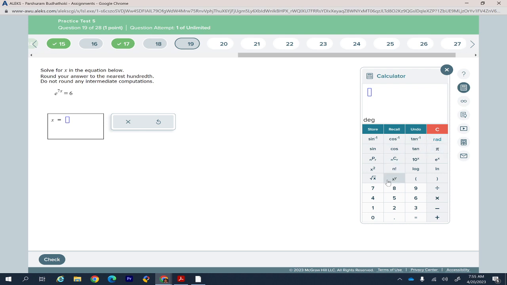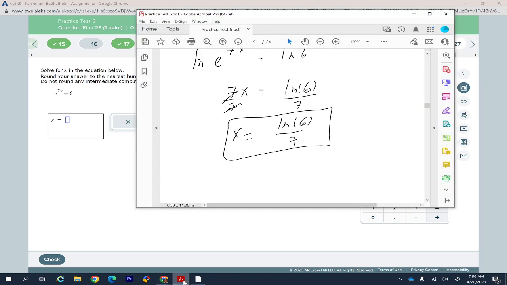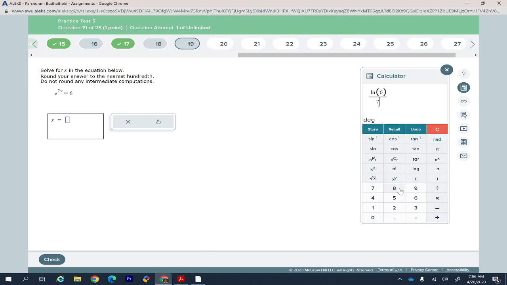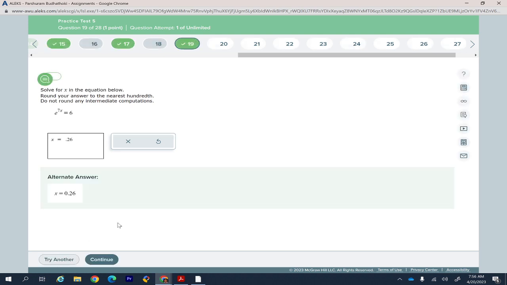Here is the ln, 6, and then divide this by 7, and hit enter. That's your answer. Round your answer to the nearest hundredth, so that means 0.26. It is 0.25, but because after the 5 there is another 5, we round it to the nearest hundredth, which is 0.26.